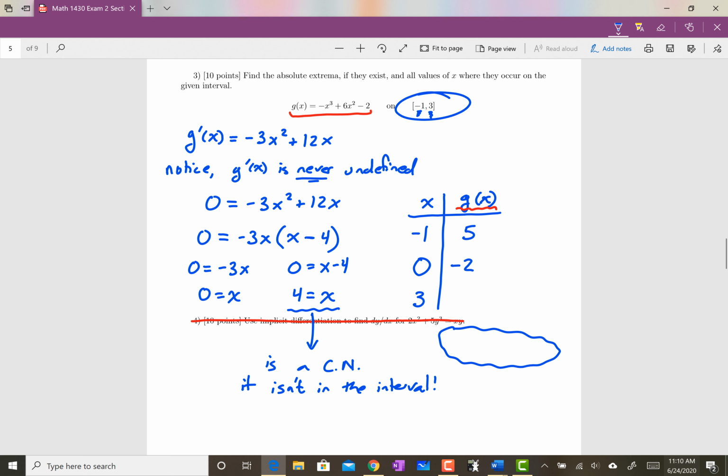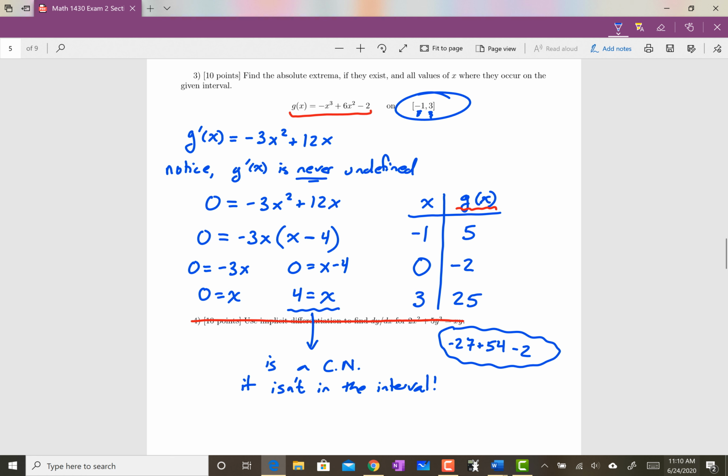Negative 3 cubed is negative 27. 3 squared is 9 times 6 is 54, so plus 54. And then I have a minus 2. So negative 27 plus 54 is positive 27. And then positive 27 minus 2 is going to give me positive 25.